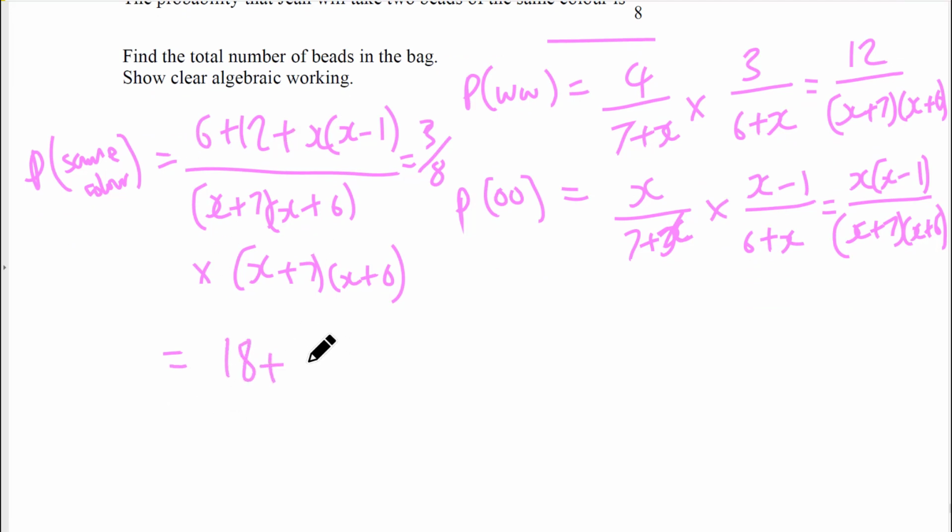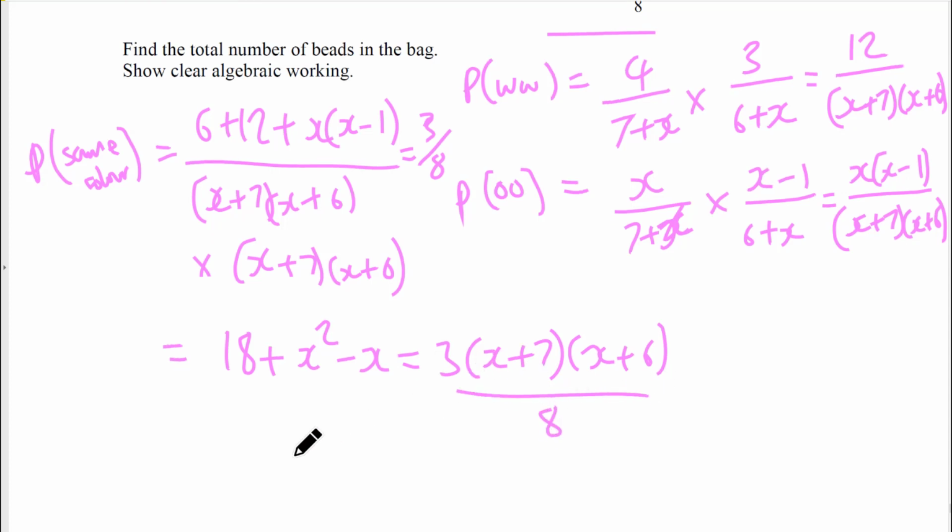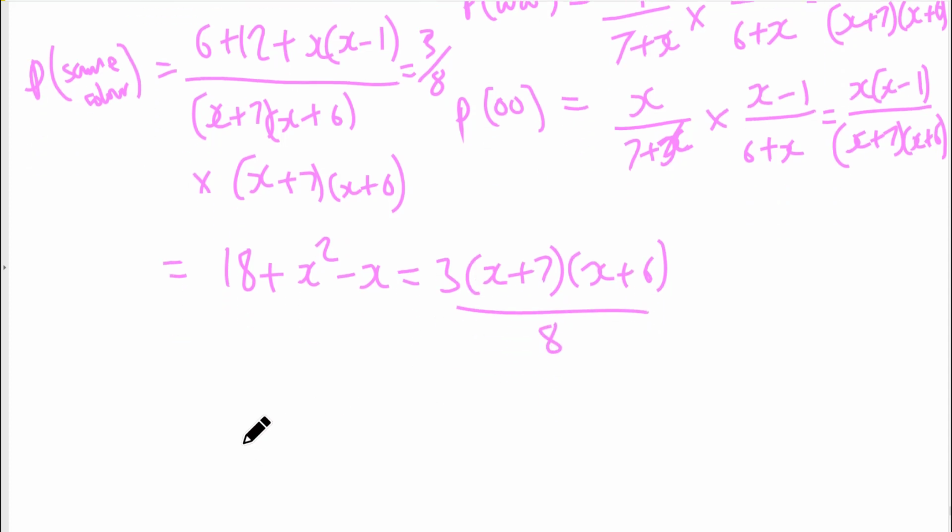I'm just going to expand that now. x squared minus x is going to equal 3 times x plus 7, x plus 6 all over 8. We're going to multiply out by 8. 8 times 18, 80 add 64, 144.